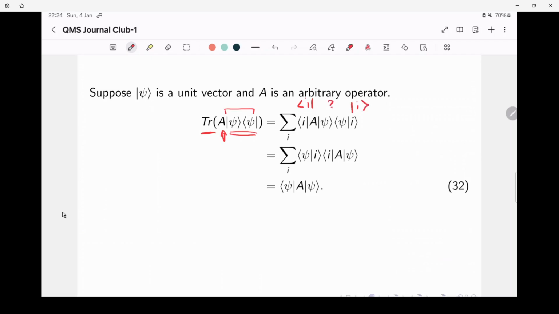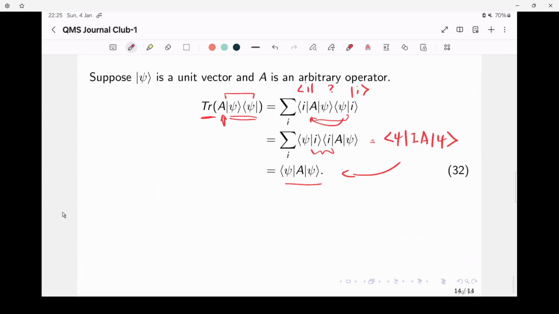In between, just write down your argument. So this is the argument. After that, I can switch around the position, and I find that this is the completeness relation again. So I remove this because this is equivalent to identity, and it will become something like this. So this is also important later on.